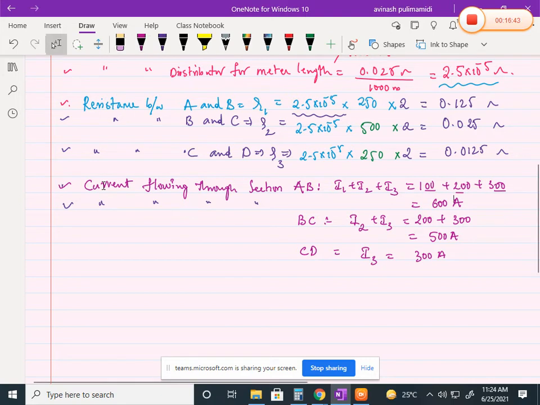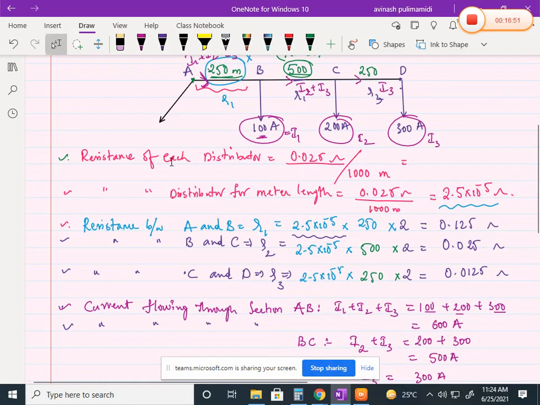Now, let us find the voltage at point B. How to find the voltage at point B?